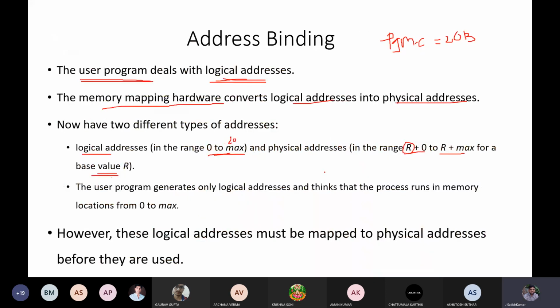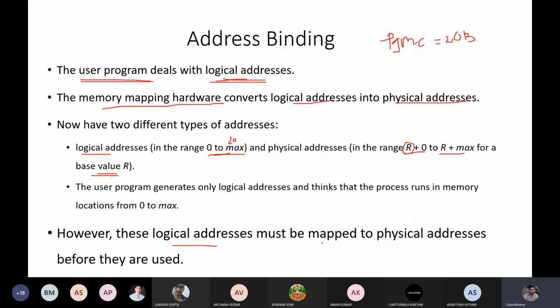When execution happens, the processor will generate some address which is logical, relevant to the program or the programmer, but physically the memory location might be different. That will be different when you run the program.